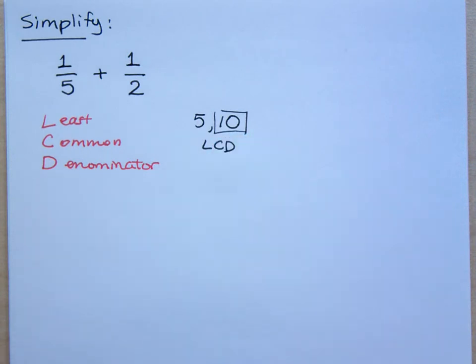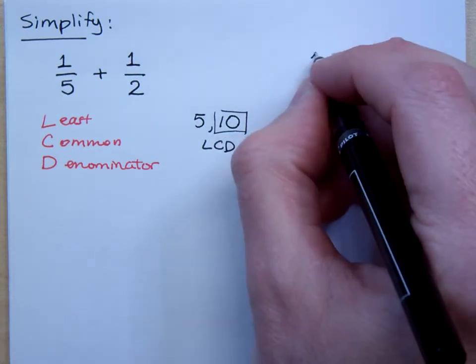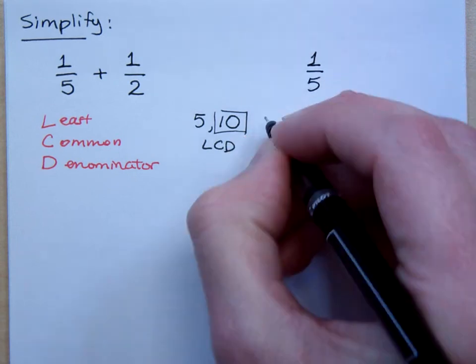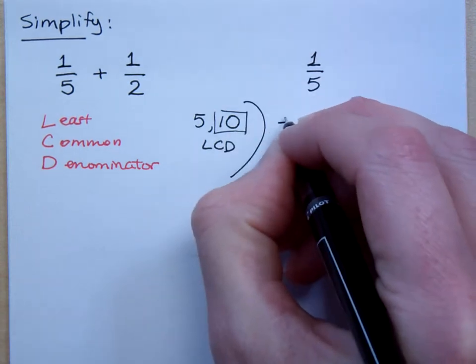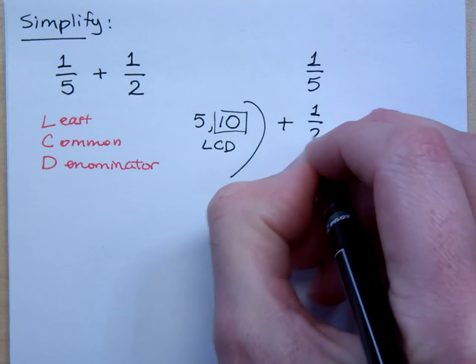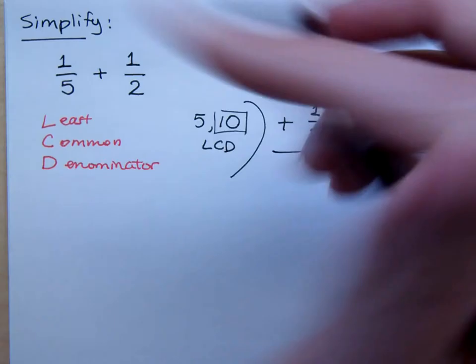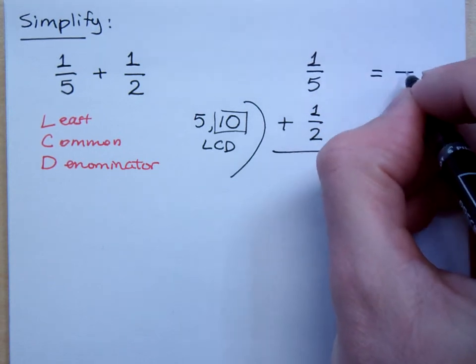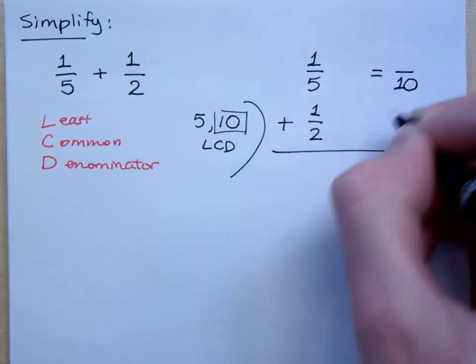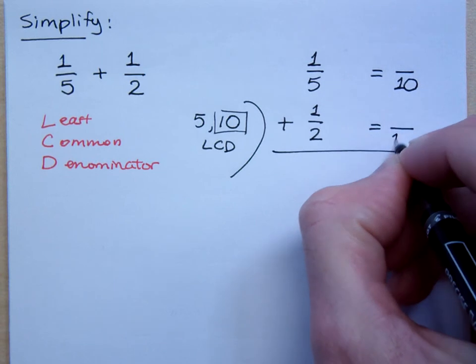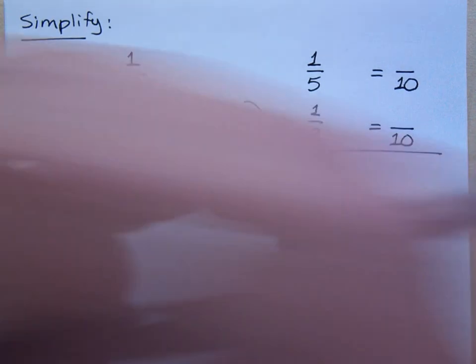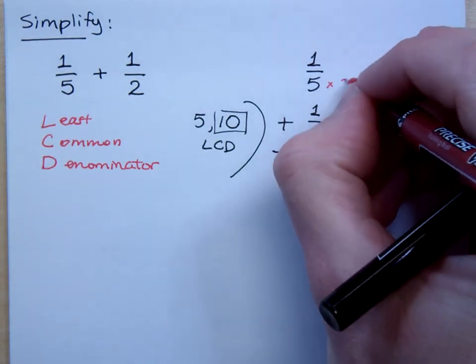So I'm going to write this just a little bit differently for us. I've got 1/5 plus 1/2. And I'm saying that I want to convert these guys to be fractions that have a common denominator of 10. So you guys said that the missing factor here was a factor of 2, right?